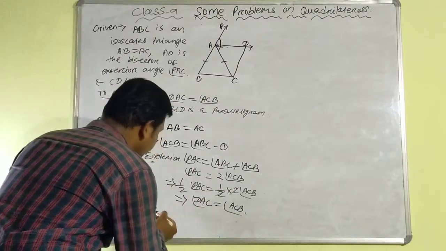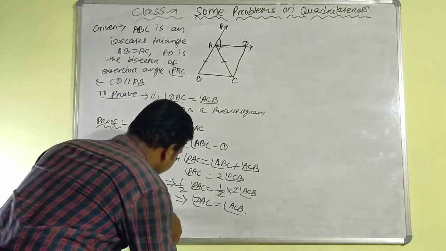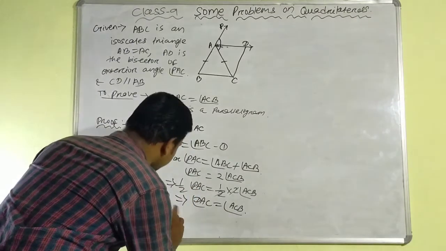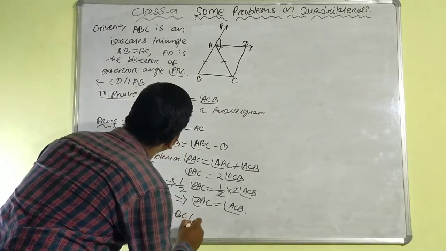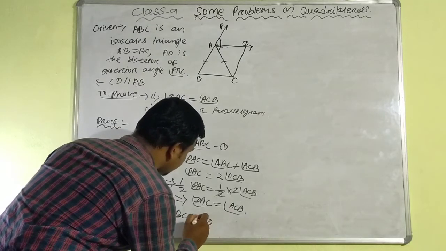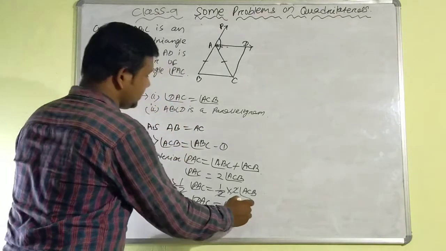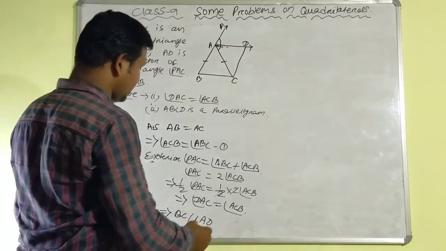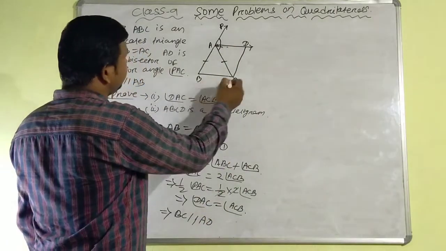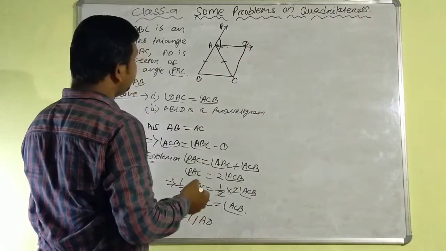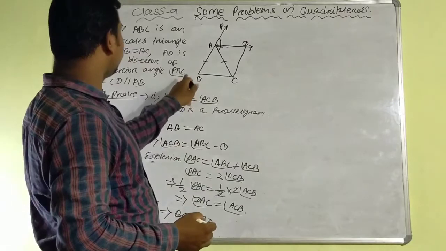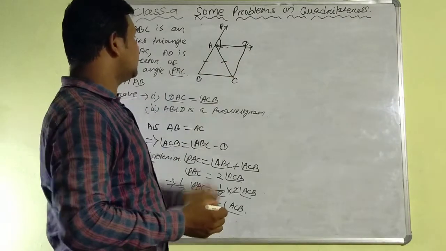That implies BC parallel to AD. Okay. They are alternate angles. So now we got BC parallel to AD, and already we know given AB equal to CD.